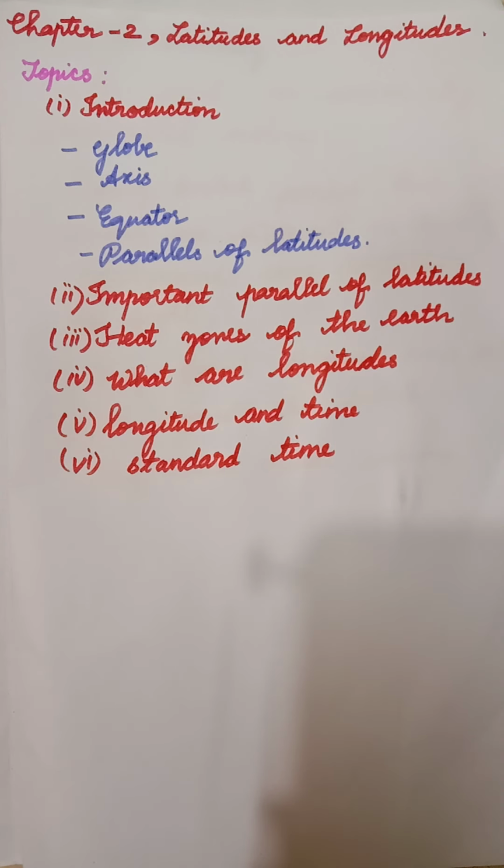These are the topics covered under latitude and longitude. Children, today we are going to see about latitude and longitude, what their uses are, and what the basic features of the earth are.